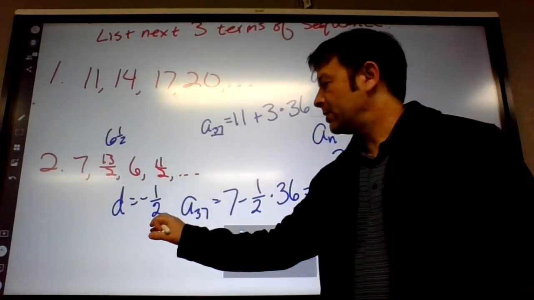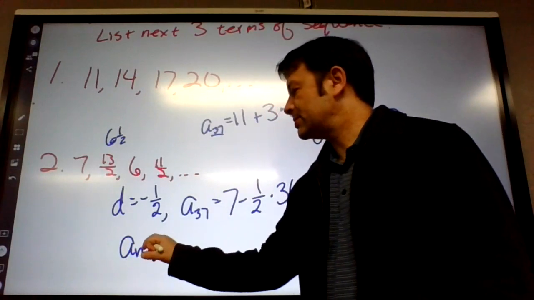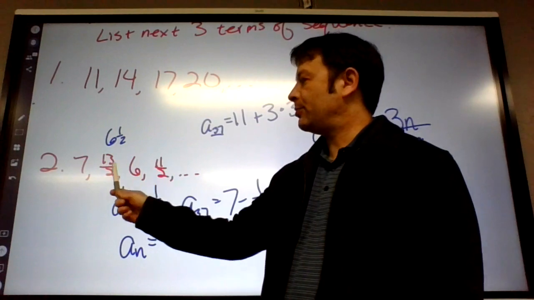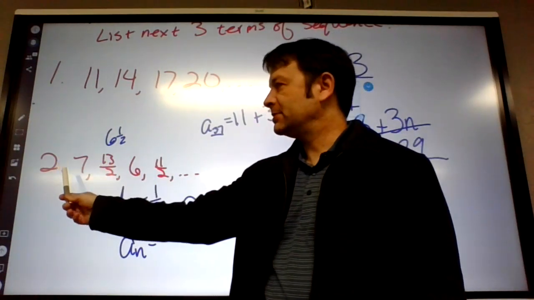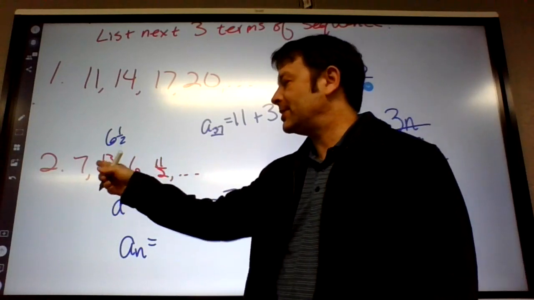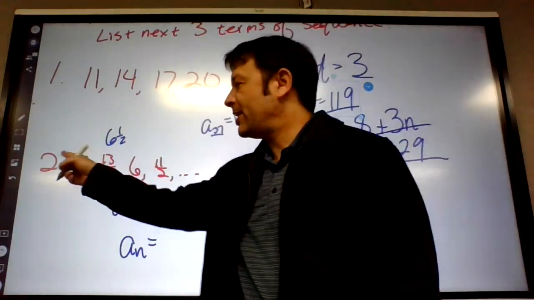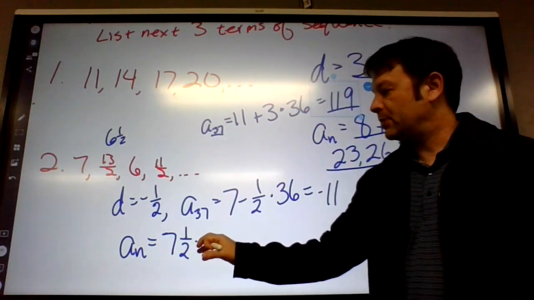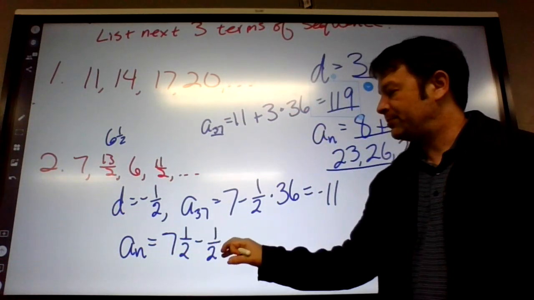Okay, the explicit formula. So we would have to back up one step. So if the pattern's minus a half, what would come right before 7? 7.5. You could write it as an improper fraction, but plus a half to go backwards, so it'd be 7.5. And then we want to minus a half repeatedly.